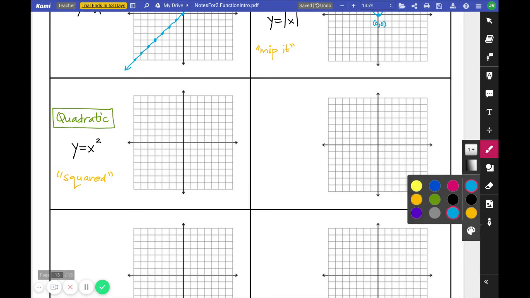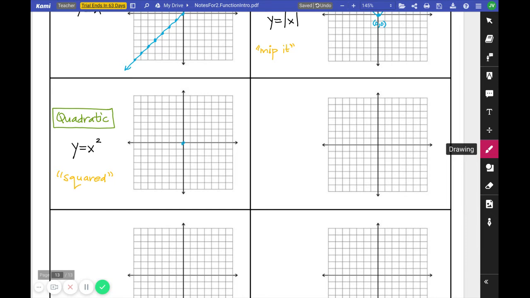Our graph has some key points: (0, 0), (1, 1), but 2 squared is 4, and 3 squared is 9. If I go the other way, negative 2 squared is a positive 4. Negative 3 squared is a positive 9. So we need to be mindful of how that gives us our U-shaped parabola to make our quadratic equation.